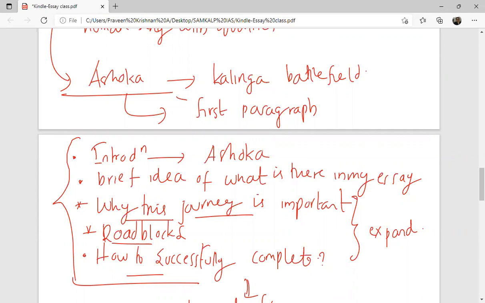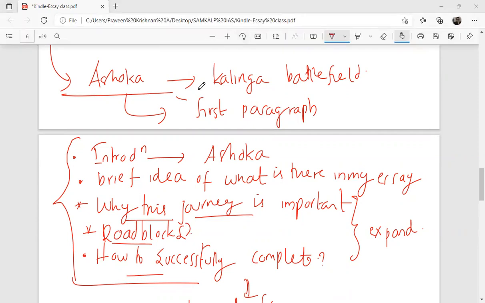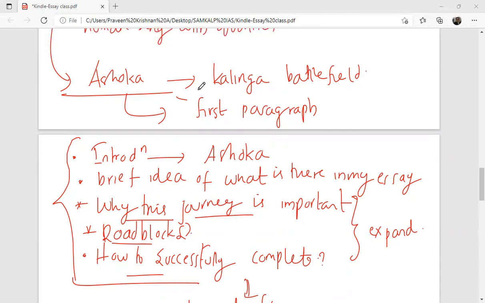The next point, what we have to do is analyze the roadblocks in following this journey, and that also you have to expand into multiple perspectives.